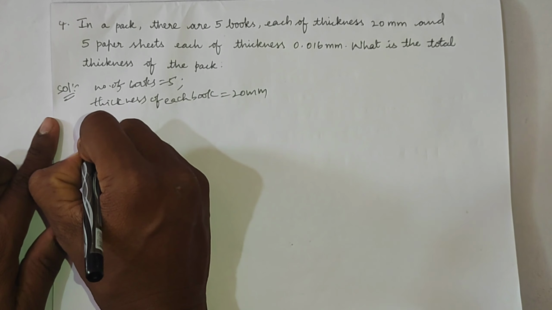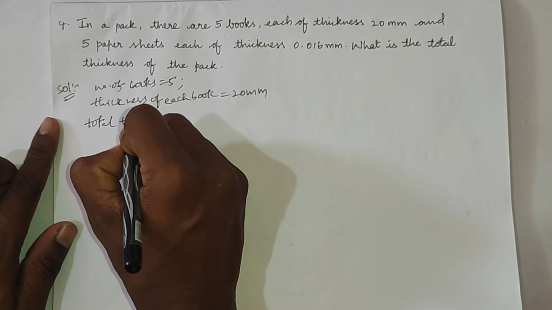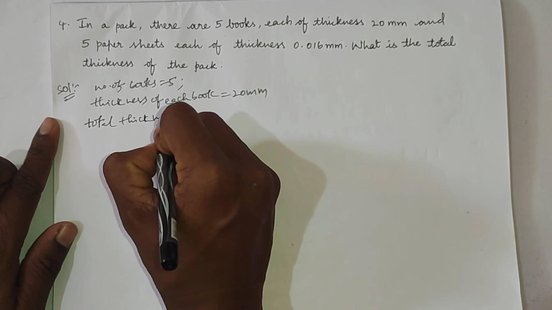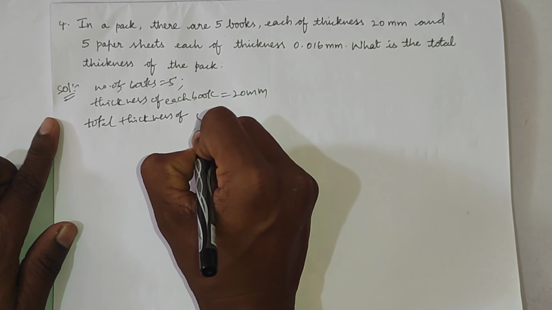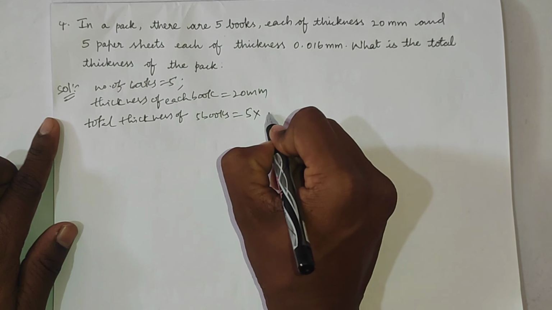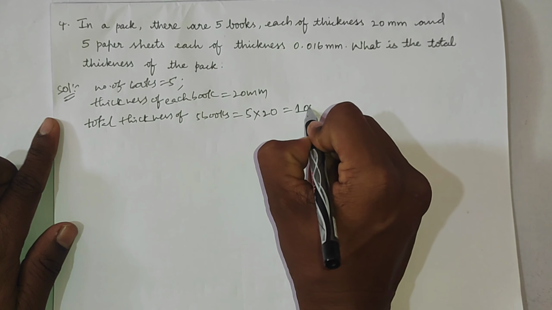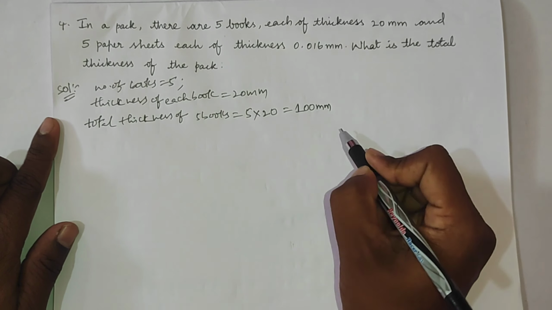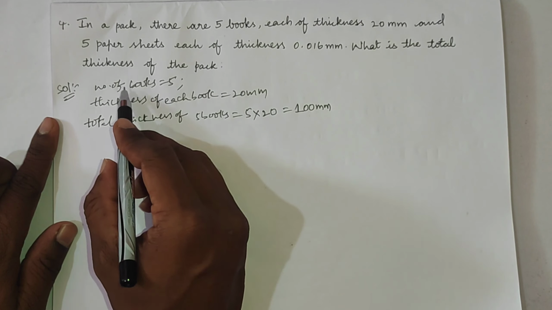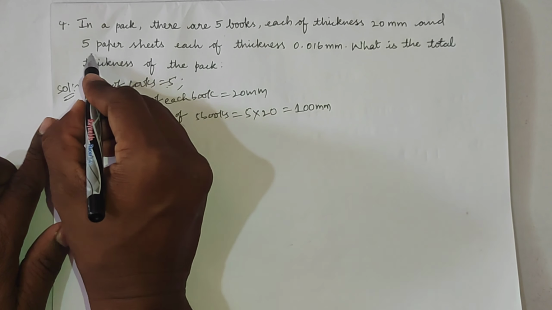Now we will find the total thickness of 5 books. That is 5 books into thickness 20, 5 twos are 10, so 100 millimeters. This is the thickness of 5 books. Then he has given paper sheets.